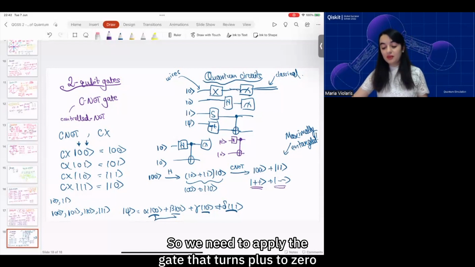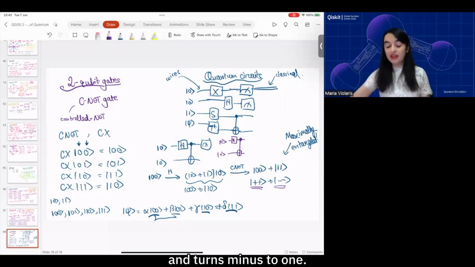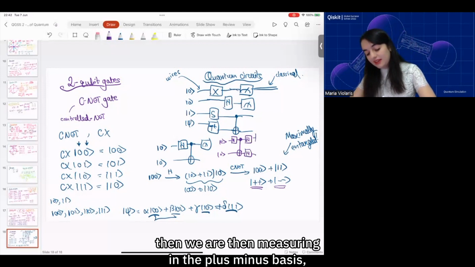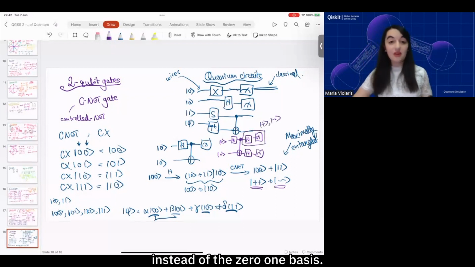So we need to apply the gate that turns plus to 0 and minus to 1, and that's the Hadamard gate. So if we apply Hadamard gates, then we're measuring in the plus minus basis instead of the 0-1 basis.